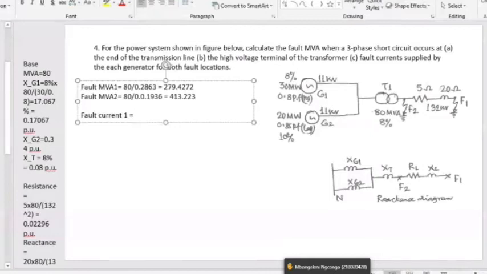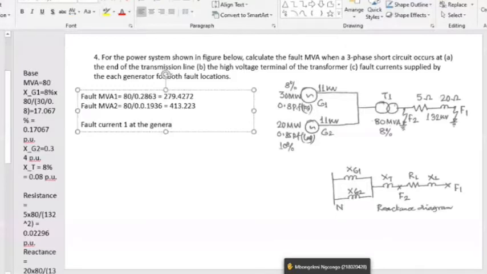At the generator bus, we don't need to calculate the fault currents at the terminals. We need to calculate the fault current for the generator bus, fault current 1 at the generator bus. So how do we do it? We have the fault MVA, which is 279. We take the fault MVA corresponding to that one, divided by the voltage, and we must remember that we have the √3 because it's three-phase.